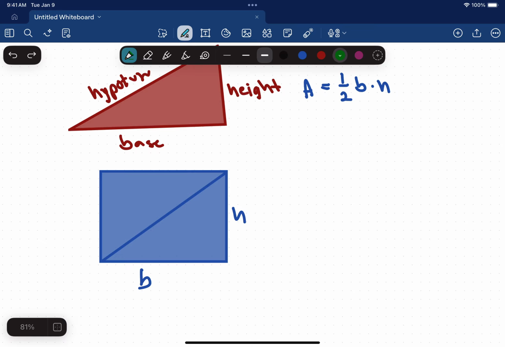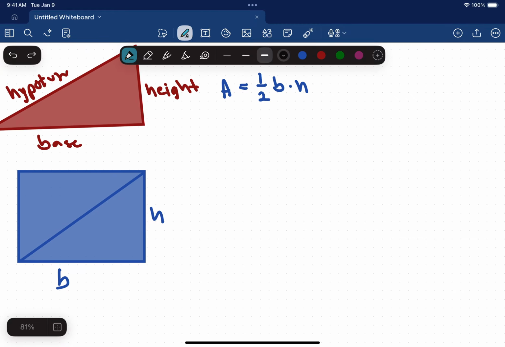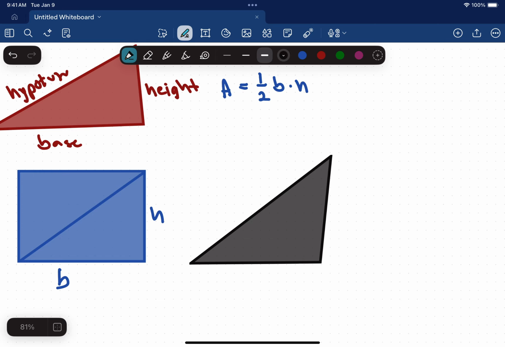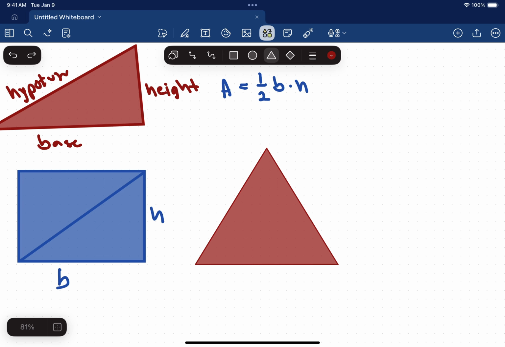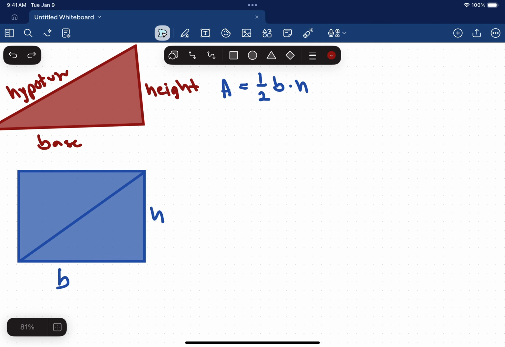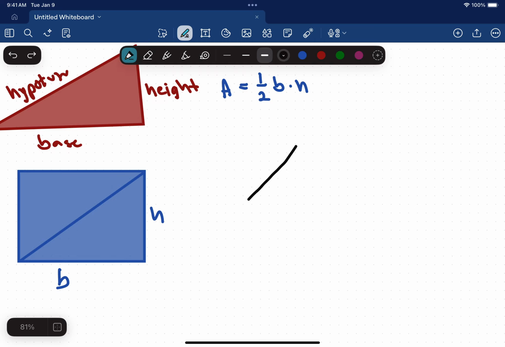Now, let me give you guys an example of how to use this. For example, we are given a triangle. Actually, that was not a good triangle. Let's make a triangle like this.